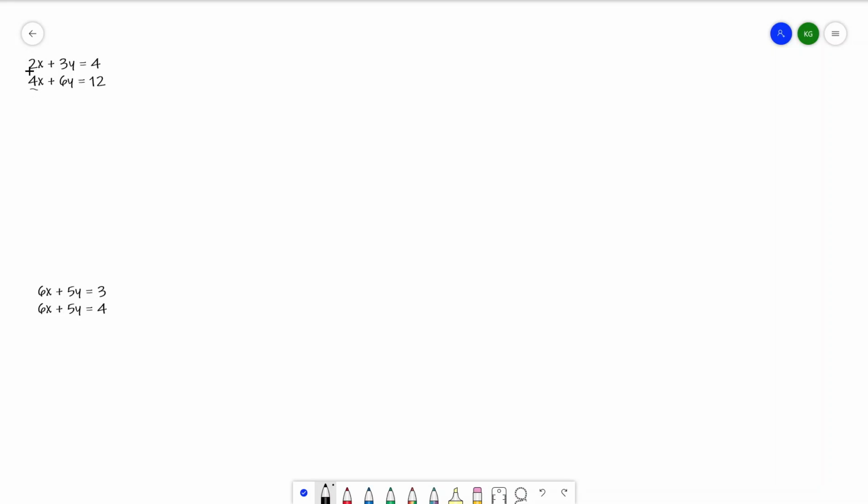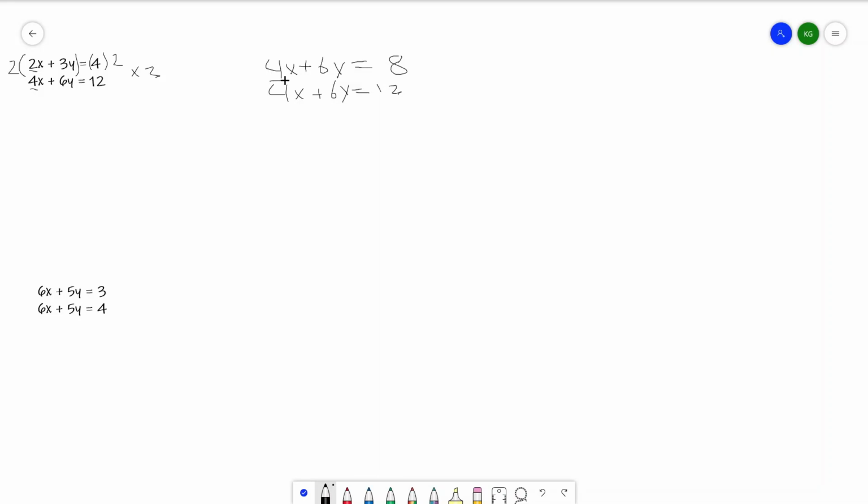How do we get 4 from 2? We multiply it by 2. So we're going to multiply the left side of the equation and the right side of the equation by 2. We get 4x plus 6y equals 8. We can compare this to 4x plus 6y equals 12. Now let's use the trick that we just learned.